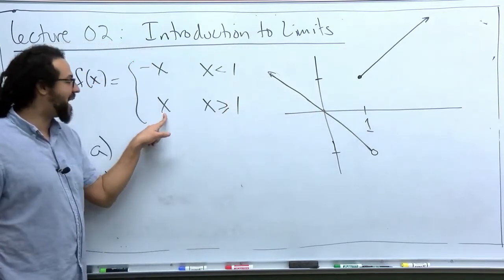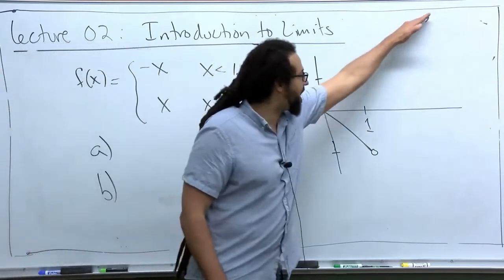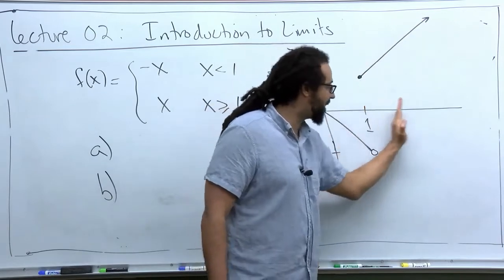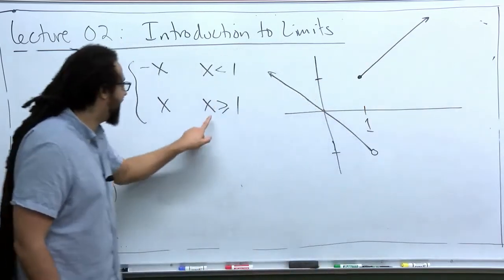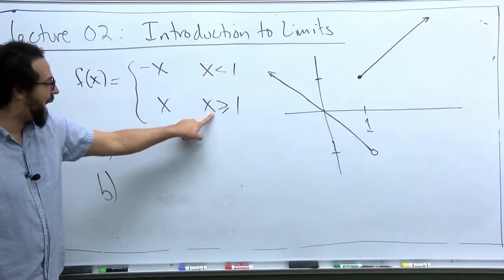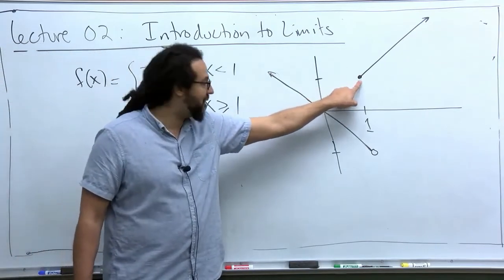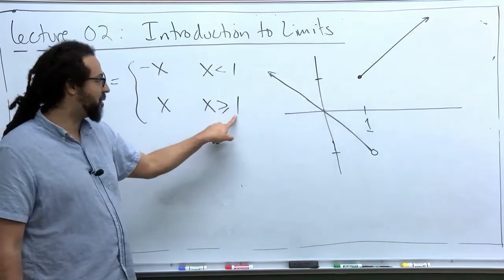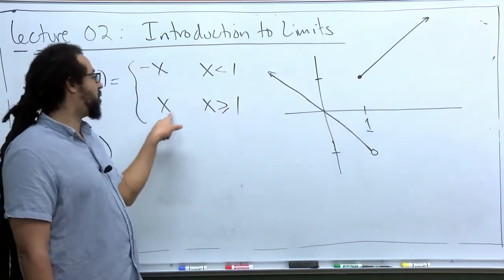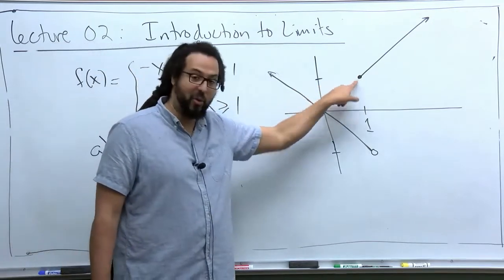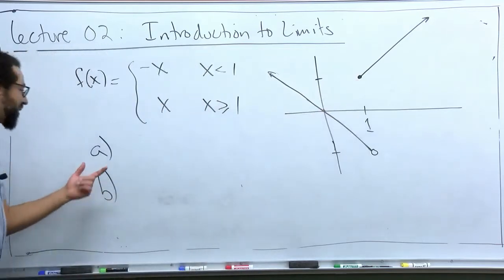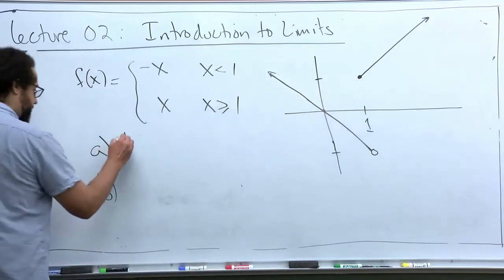And then we want the line y equals x, and we want that to the right of 1. And at x equals 1, we do a solid dot on this piece, because x could be equal to 1 here. So when x is 1, we've got 1 comma 1 here. So what is the limit as x approaches 1?